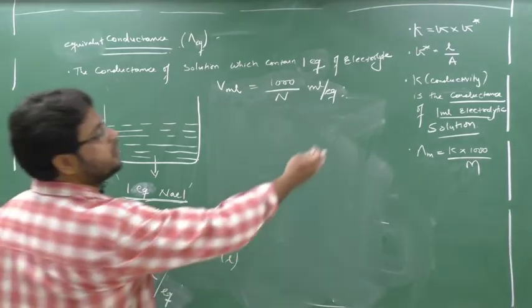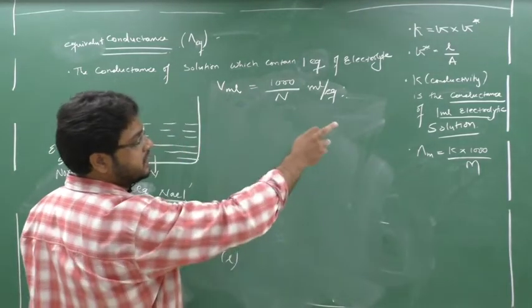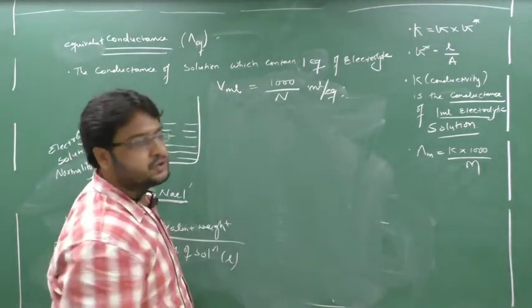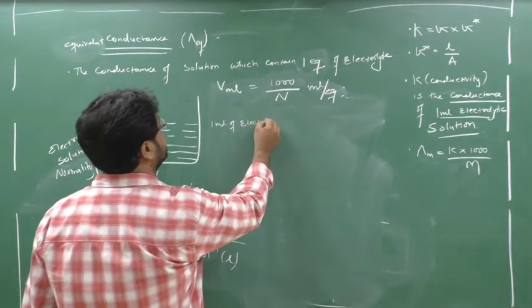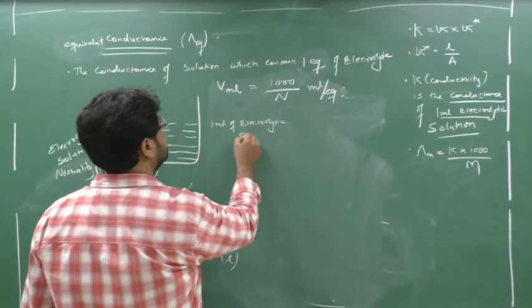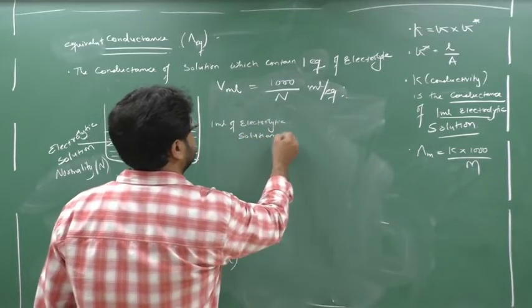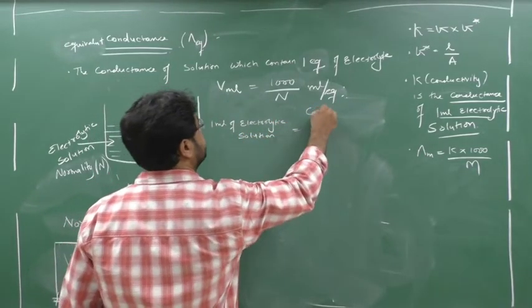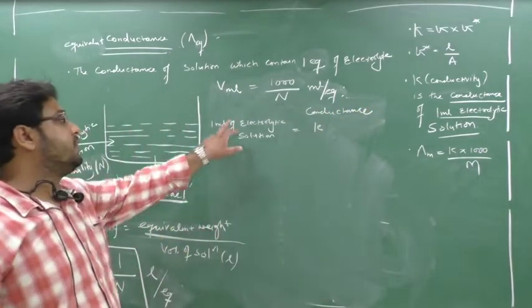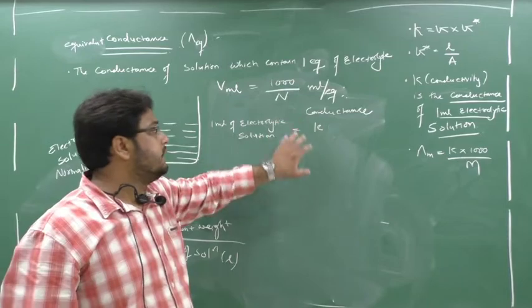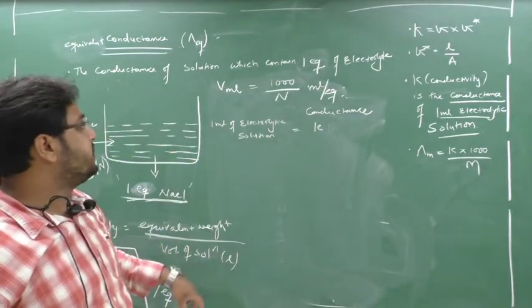Now once more, we know that kappa K is the conductivity, and it is the conductance of 1 ml electrolytic solution. So 1 ml of electrolytic solution has conductance kappa K. How many ml of electrolytic solution do I have?